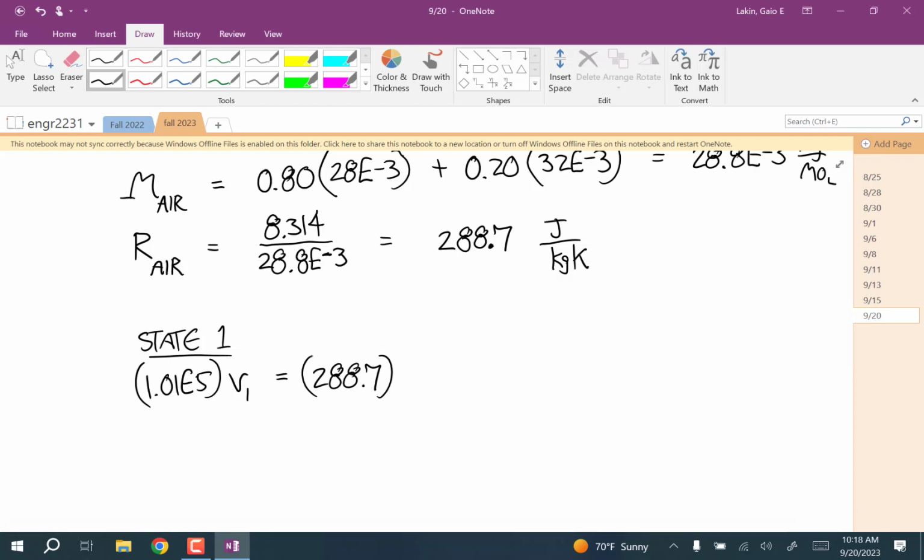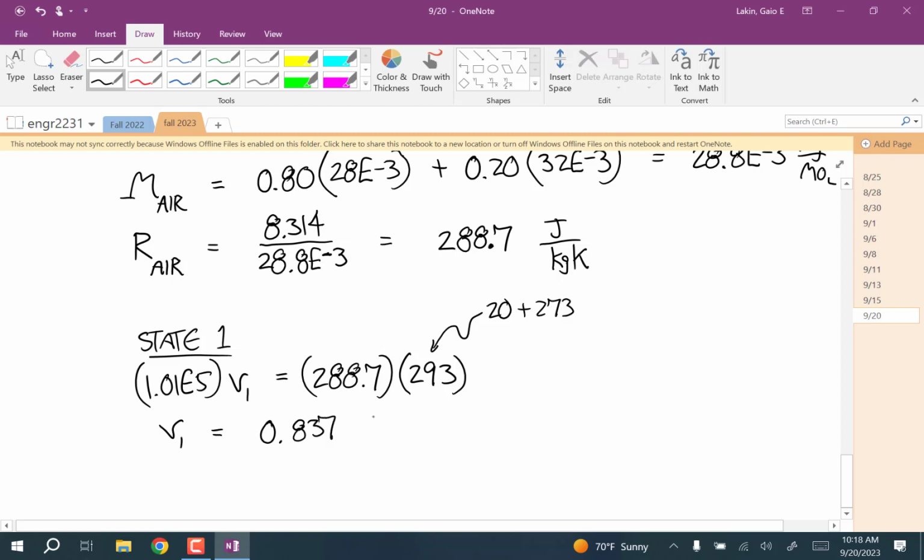We were at 20 degrees Celsius, so that's 293 Kelvin. That's 20 plus 273. And so the specific volume is 0.837 meters cubed per kilogram.